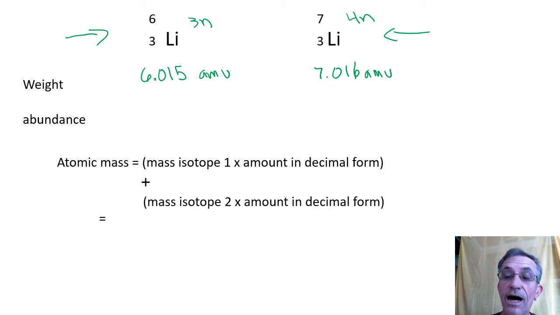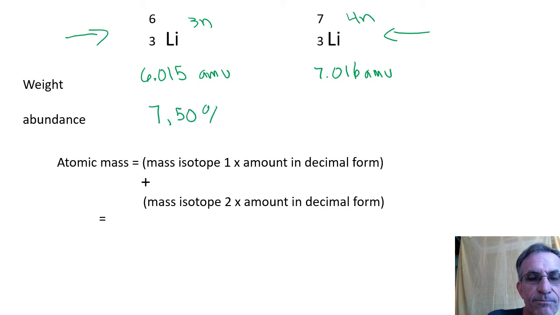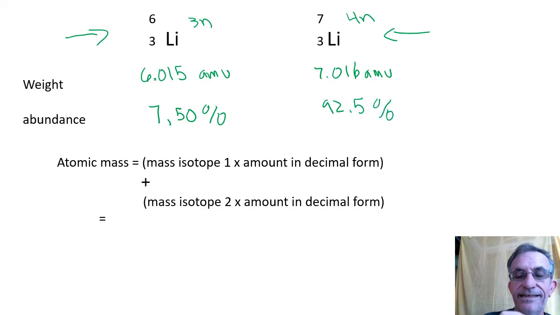Now, the other thing they do, besides figuring out the weight of each type of lithium atom, is they figure out how common each lithium atom is. So it turns out, if you gather up a bunch of lithium atoms from the universe, you're going to find that a little over 7%, about 7.5% of all the lithium in the universe is lithium-6. The other 92.5% is lithium-7.